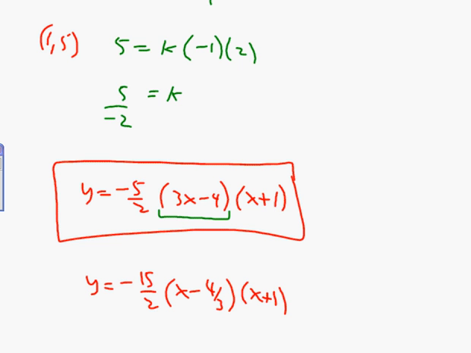If we factor a 3 out of that, we end up getting 3 times (x minus 4/3). You can do it. And then look what happens if you do 3 times -5/2. You get -15/2. So people who got answers that looked different really didn't get a different answer.